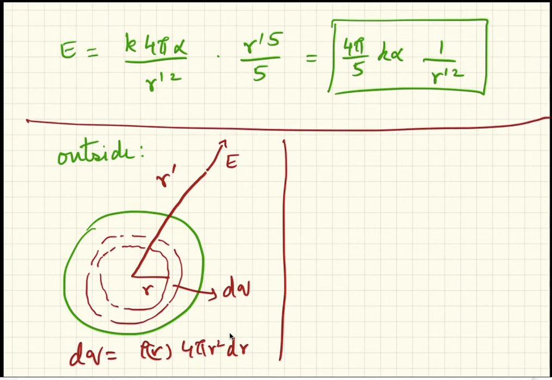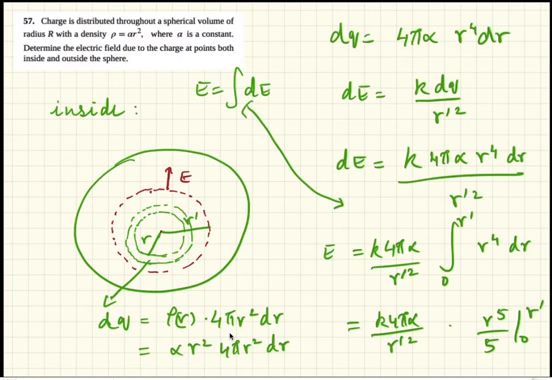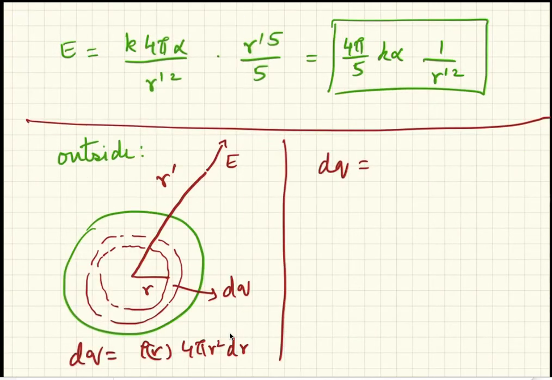So dq is alpha r squared times 4 pi r squared dr, so 4 pi alpha r to the power 4 dr. dE is, again, as long as you're calculating the electric field at an outside point, this shell of charge acts as a point charge located right there.